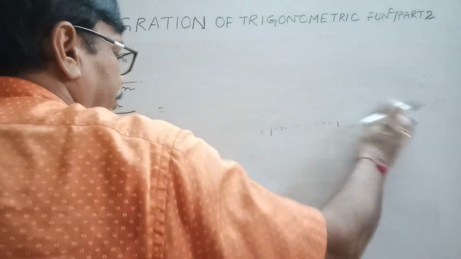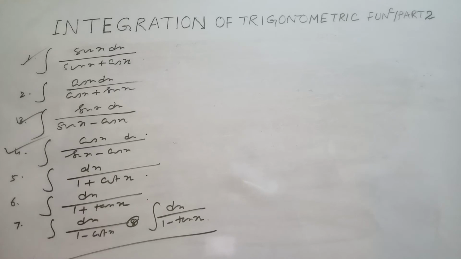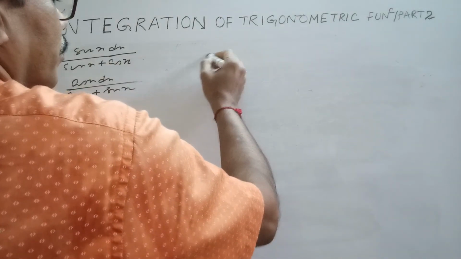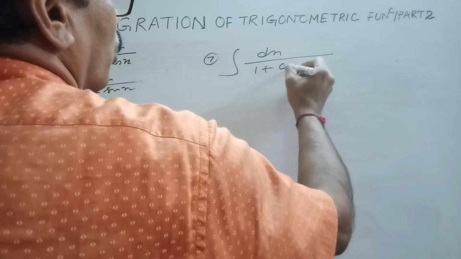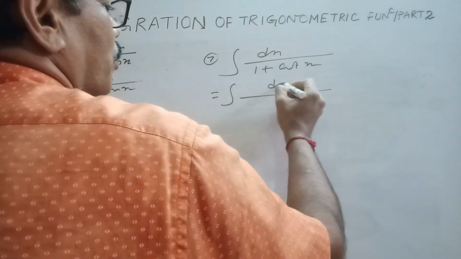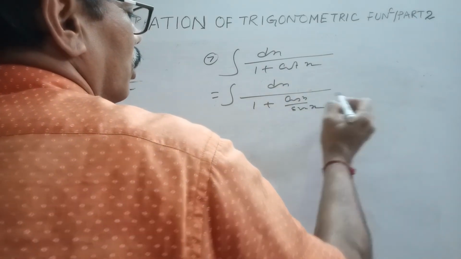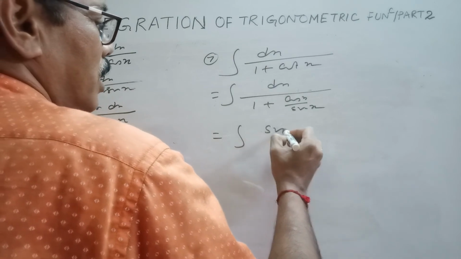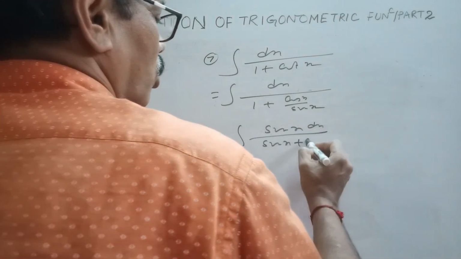Now 3 and 4 are exactly the same. So 5, 6, 7, 8. Look at integration dx by 1 plus cot x. If you write it in terms of sin and cos, this is sin x dx by sin x plus cos x.